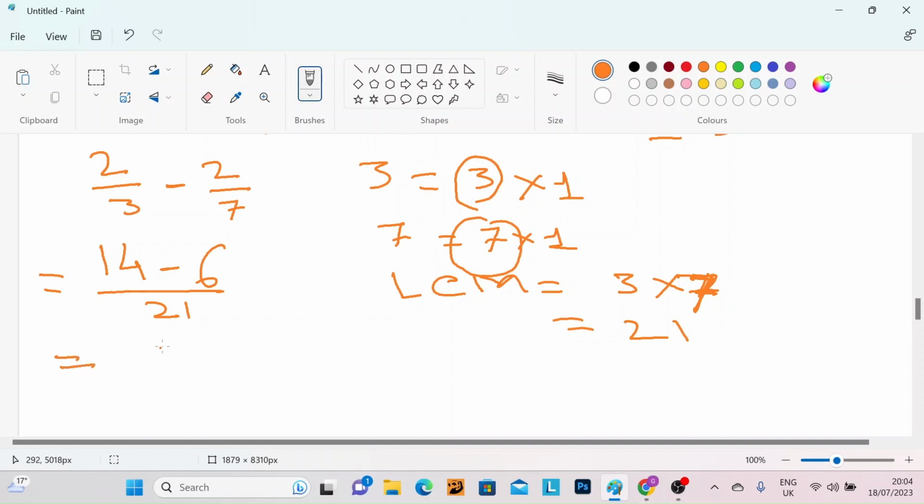So the result is 8 by 21. So the result of the subtraction 2 by 3 minus 2 by 7 is equal to 8 by 21.